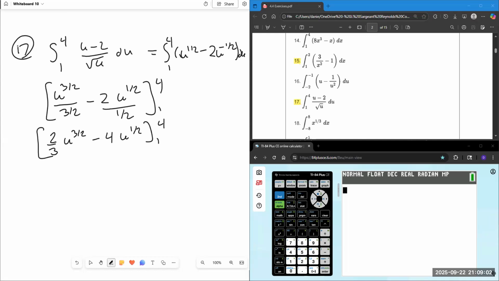So this is, pull the 1/2 out, u to the 1/2 times, pull the 1/3 out while I'm at it, 2u squared minus 12. Now pull the 2 out as well.